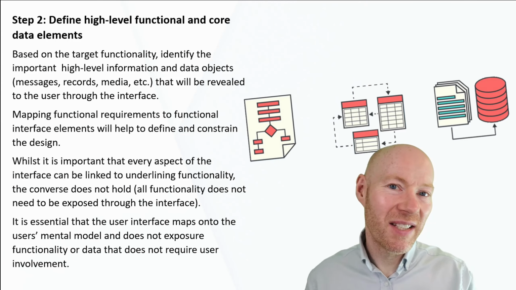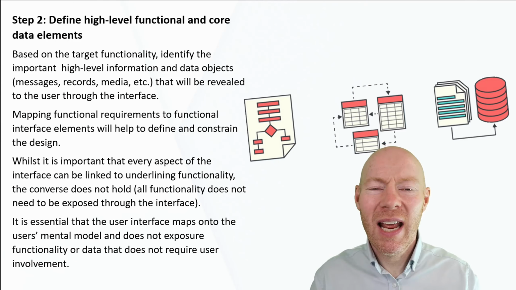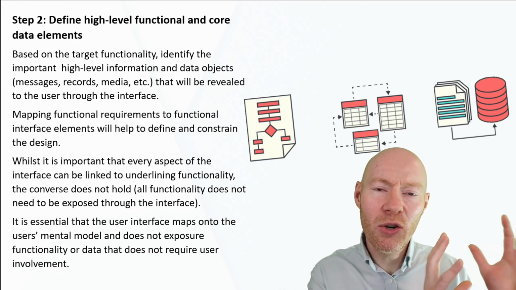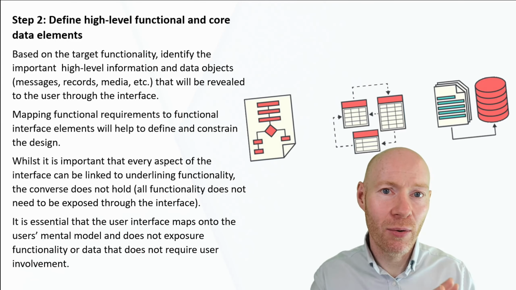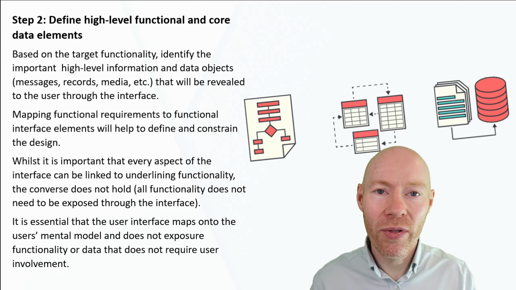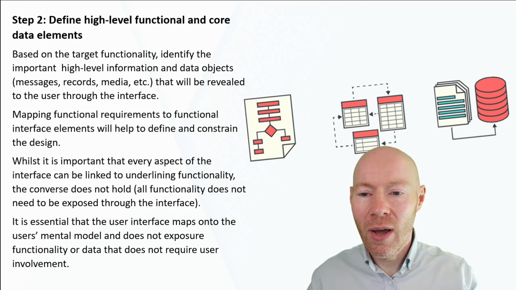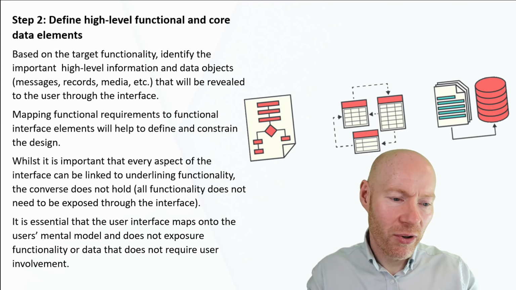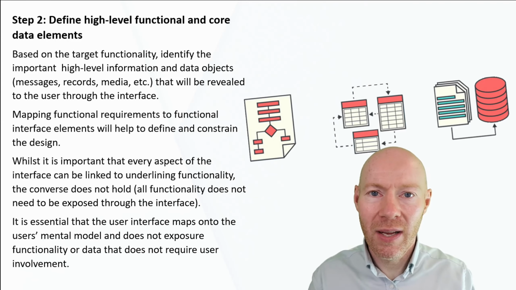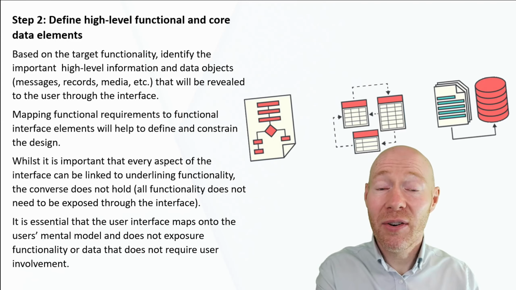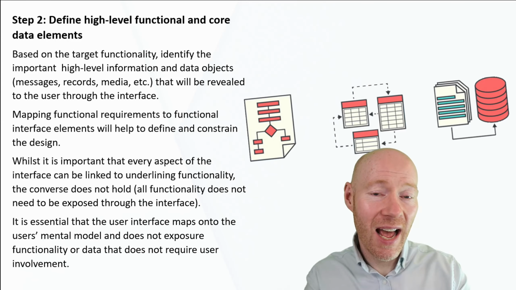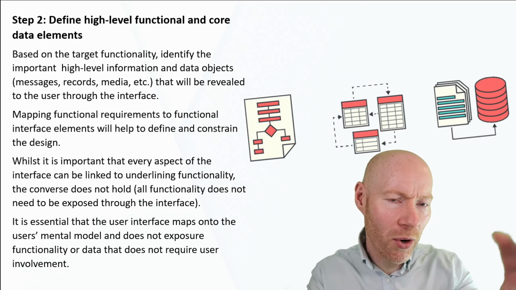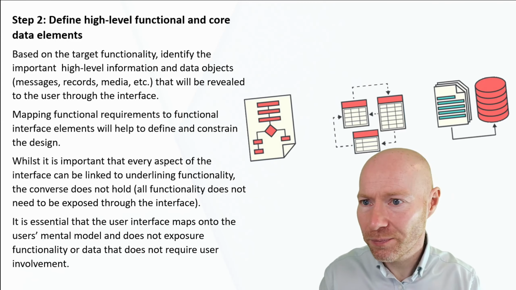The second step assumes that we already have what we need from a goal or functional point of view; we know what the user wants to accomplish. So we've put all of that in before this, and we've got our task flows. How do we then have an interface for that particular task or activity that maps onto the user's goal? There's a bit of modeling that happens before this.